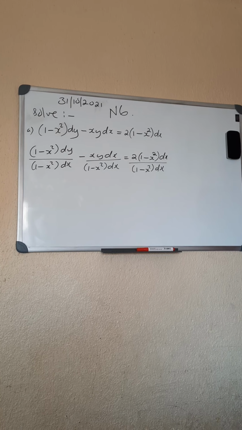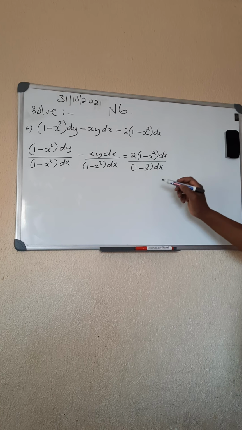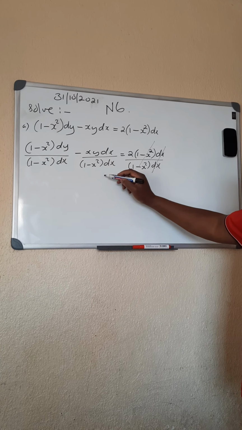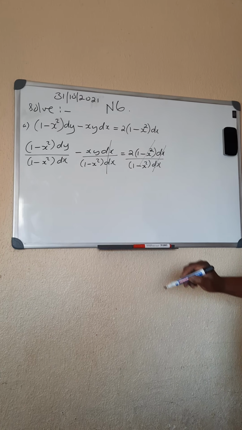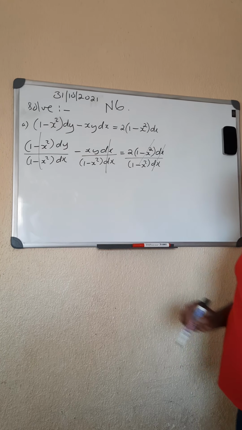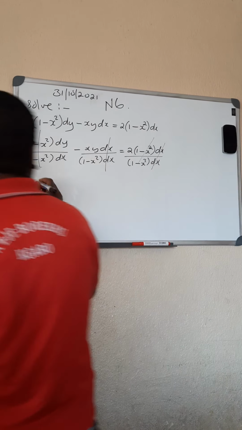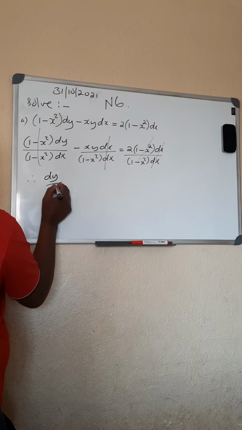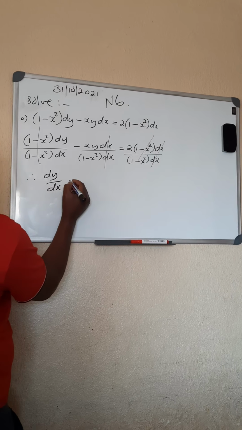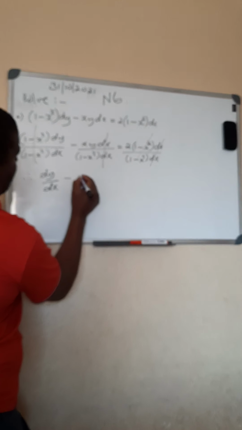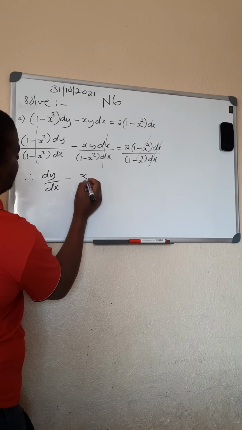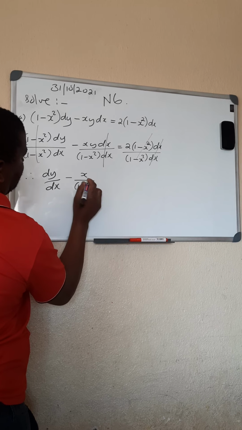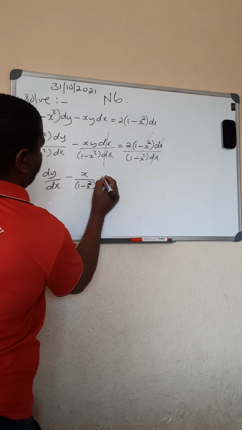If I do that, what do I have? Simplified, this goes out, this goes out, this goes out, this goes out. So what am I left with? I think I'm left with dy/dx. Here you see, I've got minus x over 1 minus x squared, y.